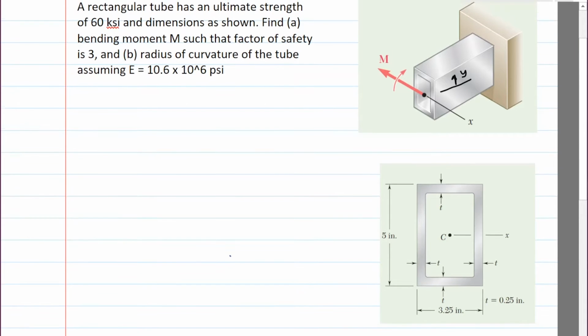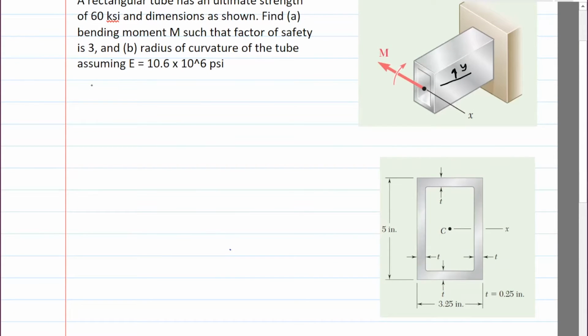Okay, a rectangular tube has an ultimate strength of 60 ksi and dimensions as shown. Find A, the bending moment such that the factor of safety is 3, and B, the radius of curvature.